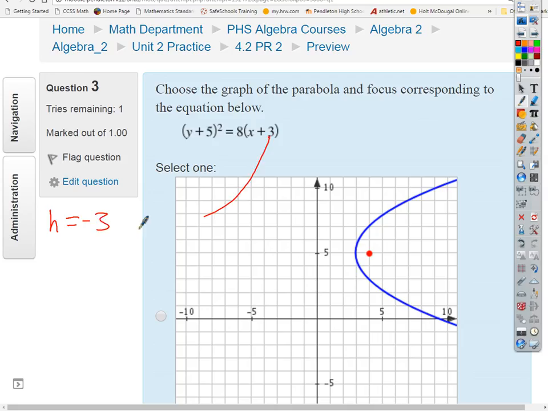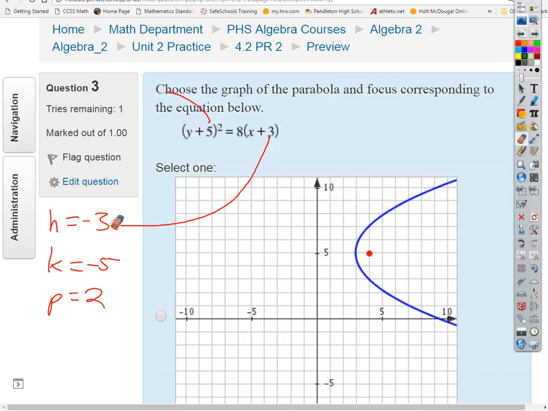So from there, what's the value of k? -5, right? What's the value of p? Just going to divide that number by 4, right? So I get p equals 2. And so you tell me then, you said it was a horizontal parabola and it opens to the right.